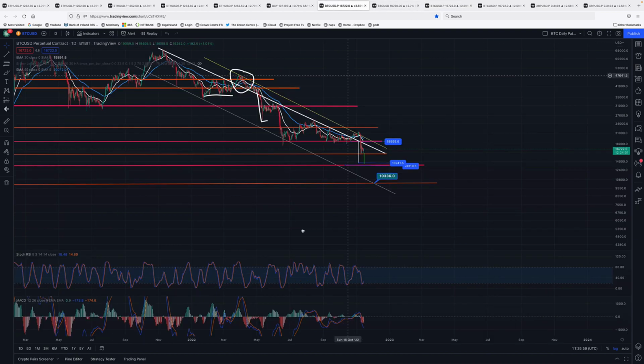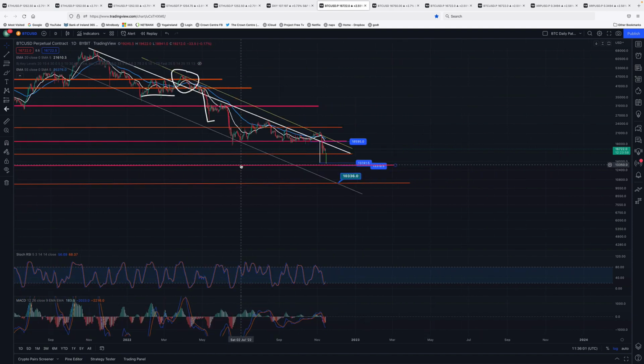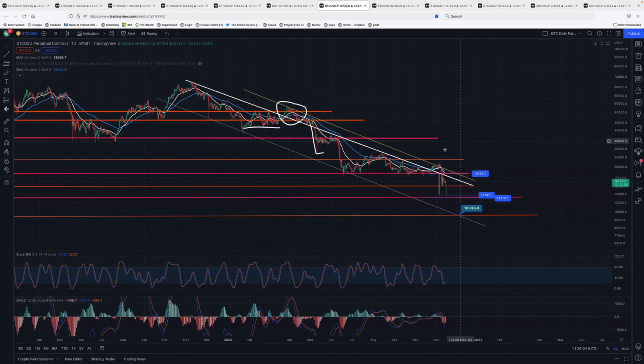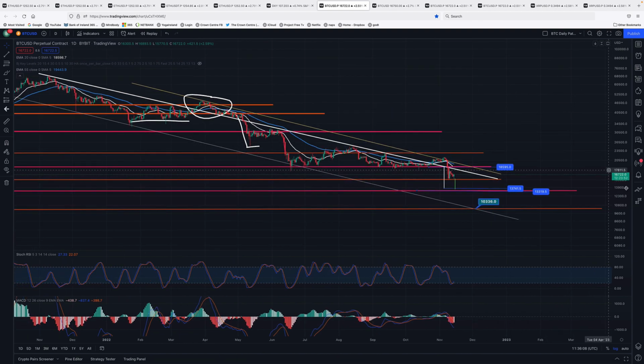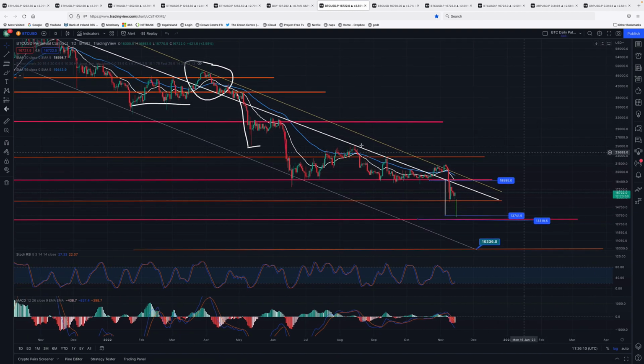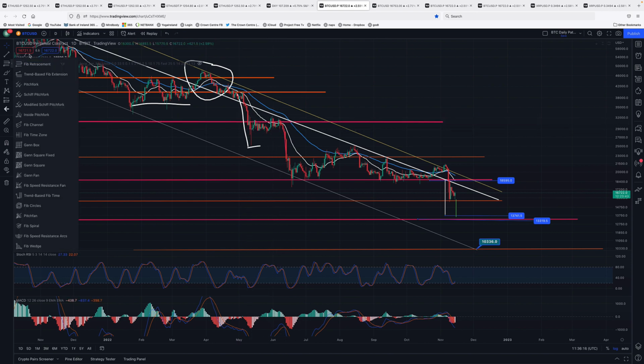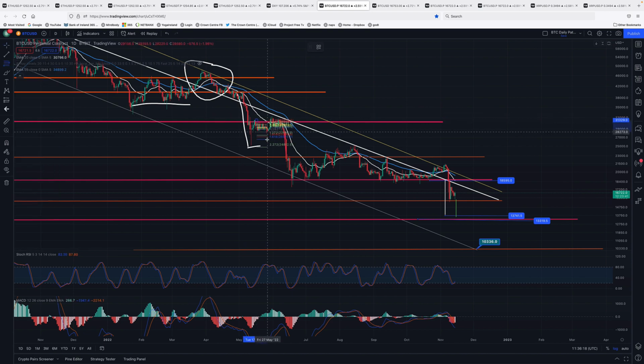And I'll take you again to the daily. So this is where, again, this was Mountain Peak. This was double top. Let me just put some fibs on the daily here.